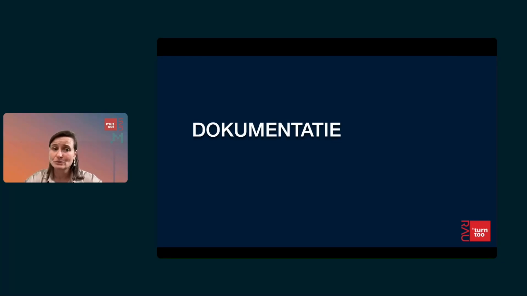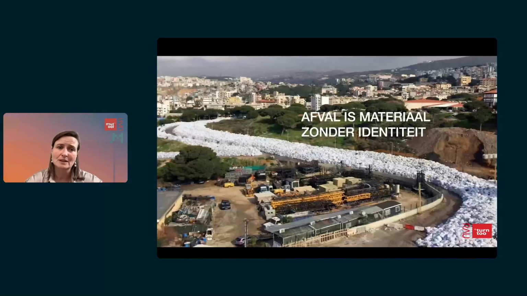Very important to be able to reuse in the future is documentation. So what we came up with years ago was the idea that every material, every product, every building should have a material passport, because we said waste is a material without identity.